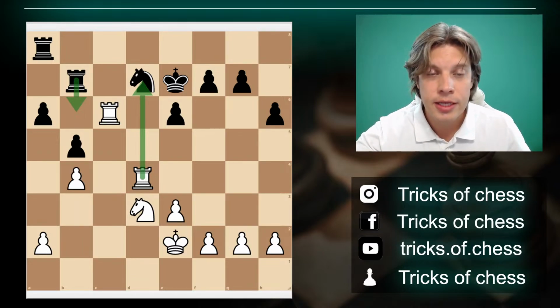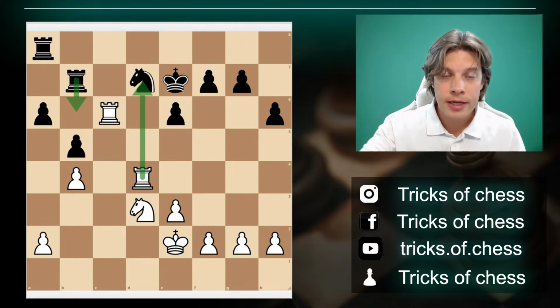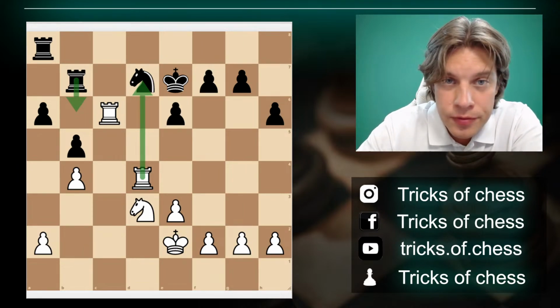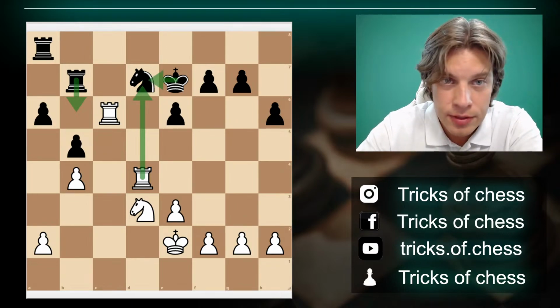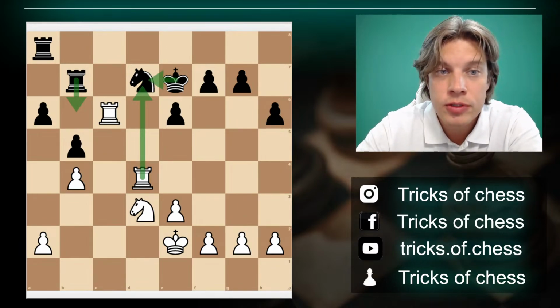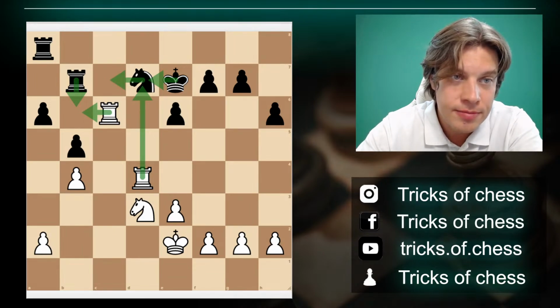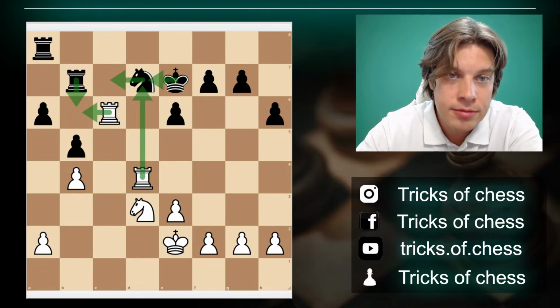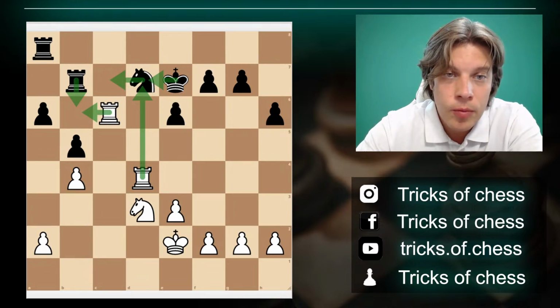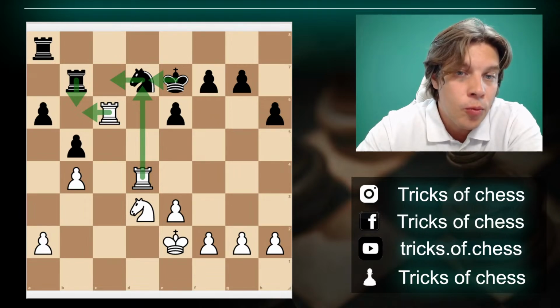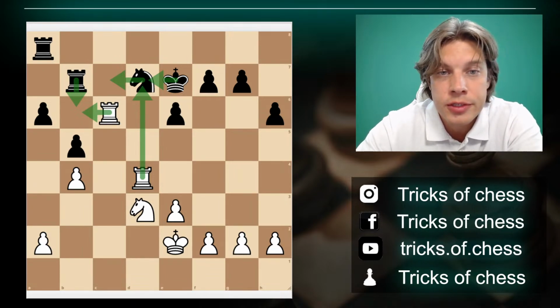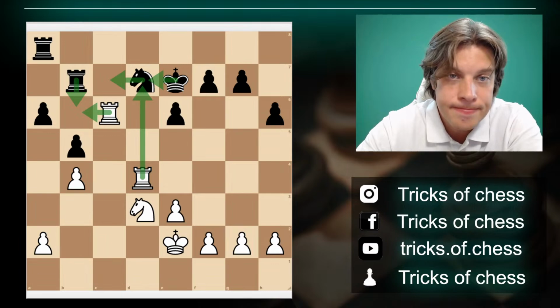Okay, that's right. And actually, the threat was that after rook d7, king takes d7, if white captures on b6 immediately, black plays king c7, and the rook is trapped. White has to sacrifice it for a pawn, and black will be winning because they are up the exchange.